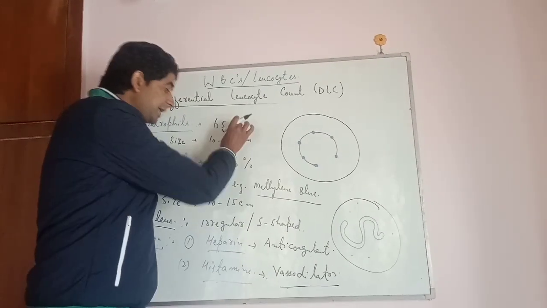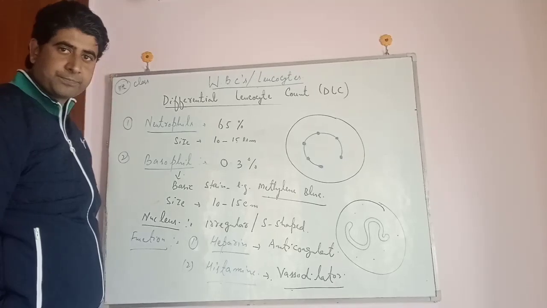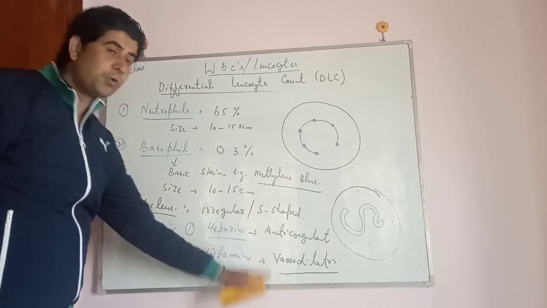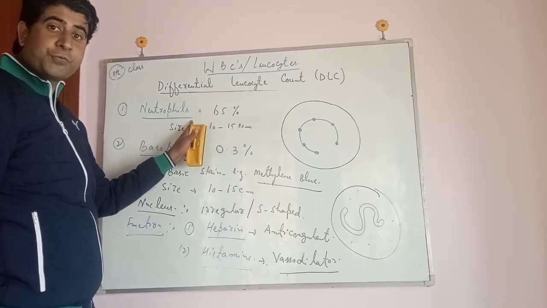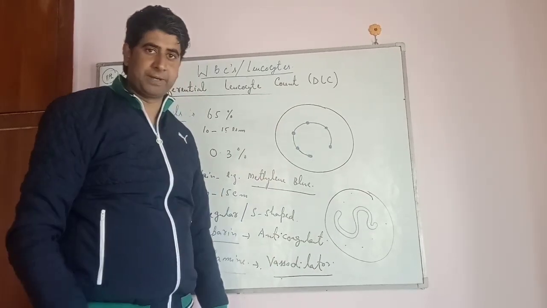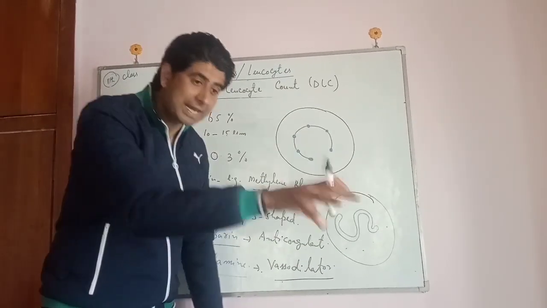So their function is interlinked. The basophils cause the vasodilation to bring the neutrophils to the site of the infection to clean up the environment, to kill the pathogens, to engulf the pathogens.